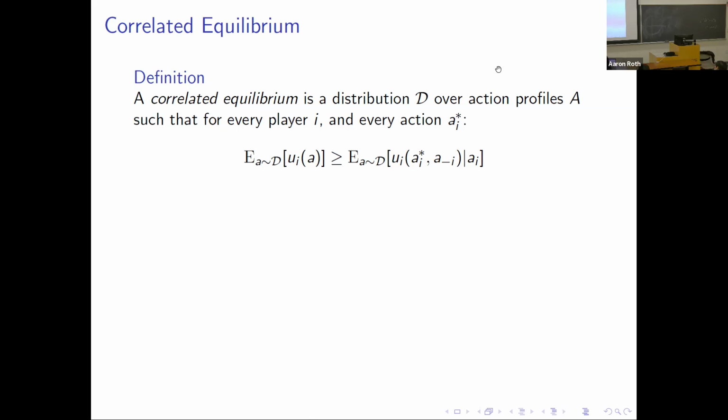Just as in a Nash equilibrium, everyone's playing a best response given what everyone else is doing. Here, given that everyone else is following their recommendation, it is a best response for you to follow your recommendation as well, for every recommendation that you would get under this correlating device. It might be that for some recommendations, you shouldn't follow it. So maybe there's a third light that's blue, and blue means go also.